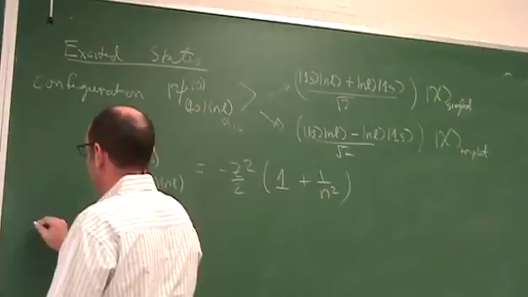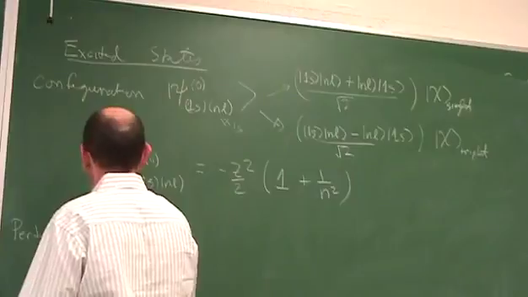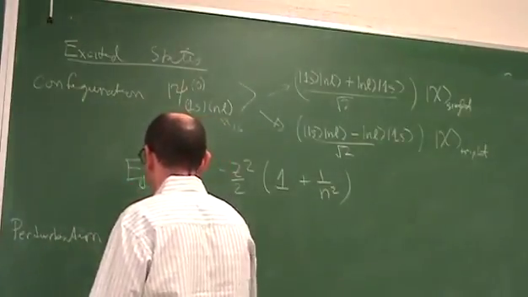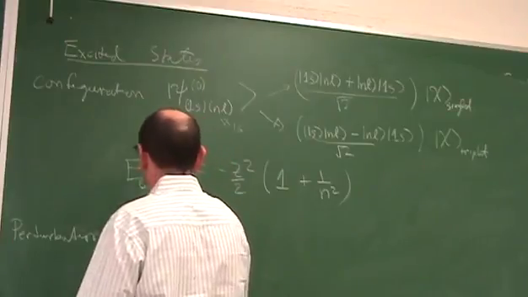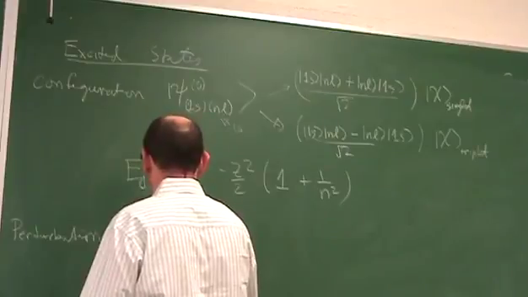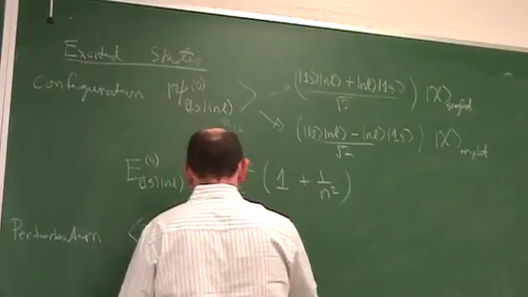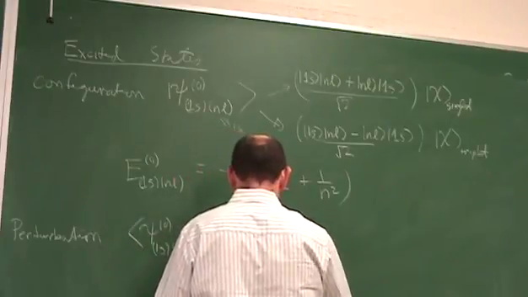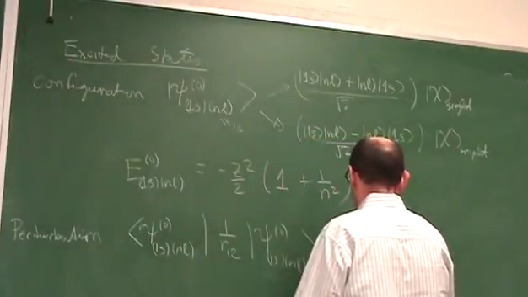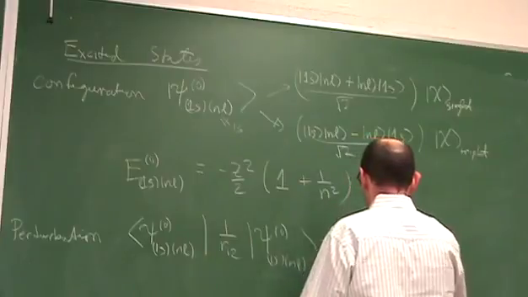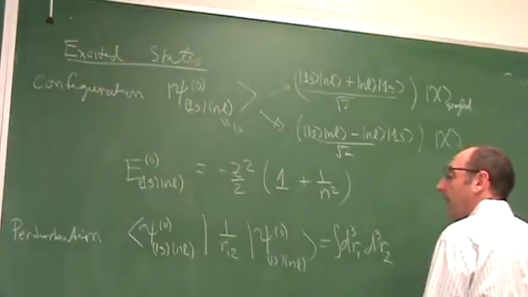So the perturbation, let me write it generically, expressed in the coordinate representation, is the integral over its two coordinates.